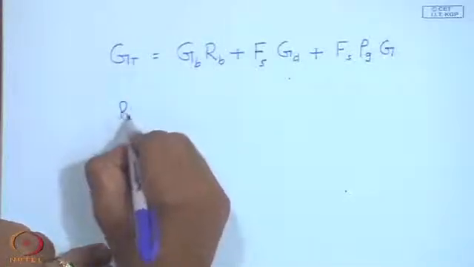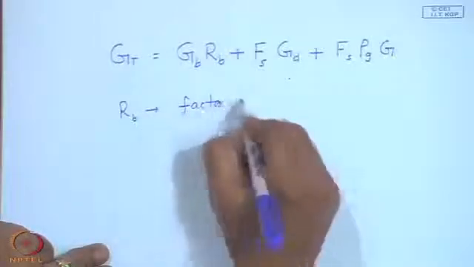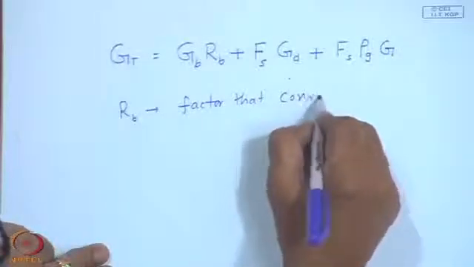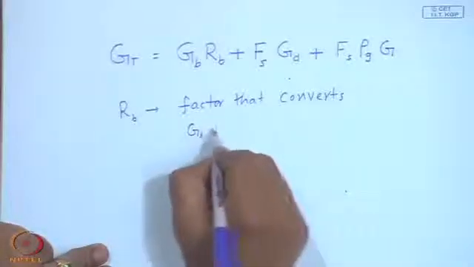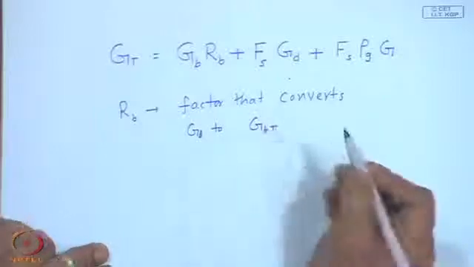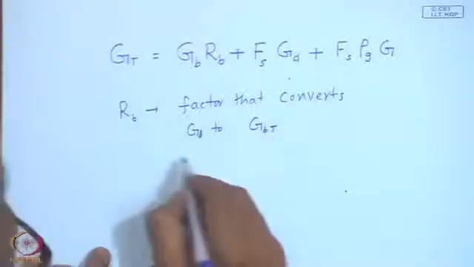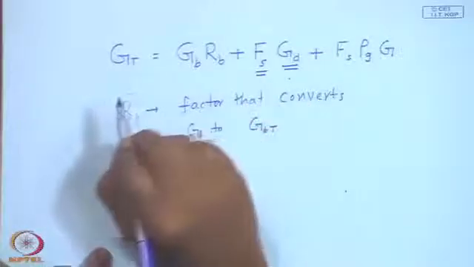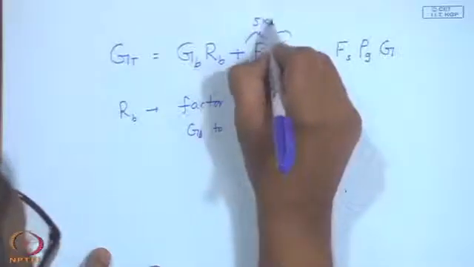So, R B is a factor that converts G B to, if I may say, G B on the tilted plane. Okay, this is purely geometric. Then G D is the diffuse part, but a fraction will be received by that, which will be called sky diffuse.